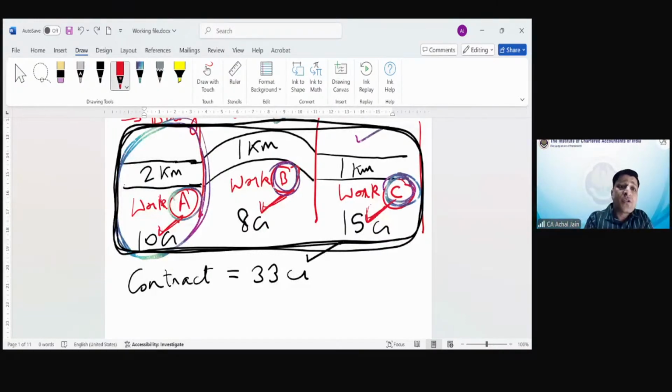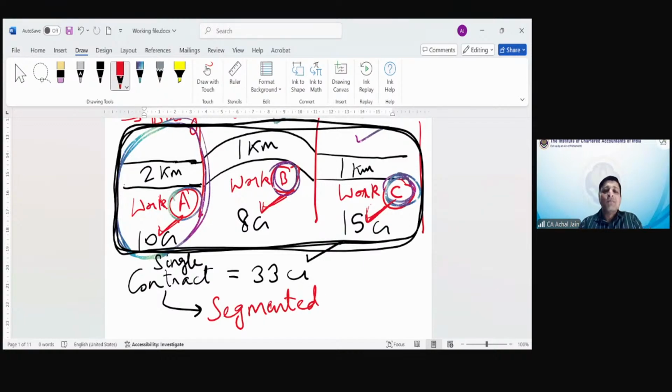In such a situation, what will be required to be done? This single contract will be required to be segmented, which means this will have to be broken into three parts. And what are those segments going to be? A, B, and C.